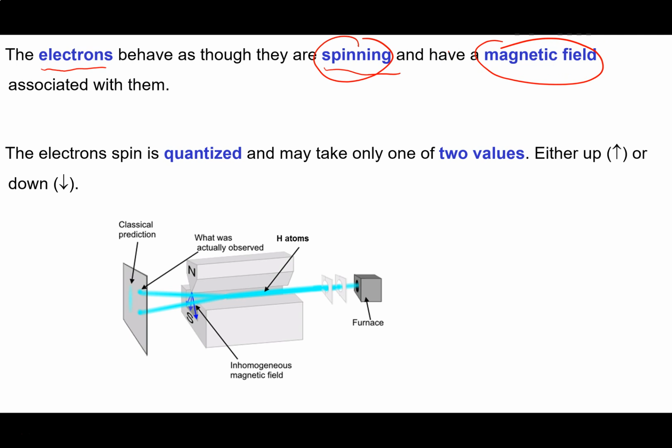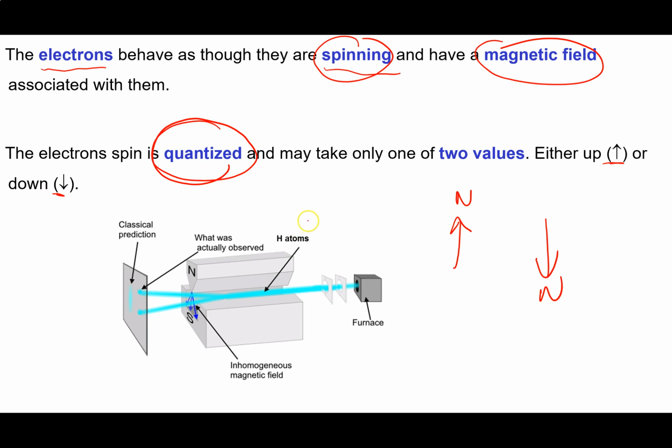But the interesting thing about the magnetic field of electrons is that it is quantized. It only ever has 1 of 2 possible values. The electrons behave as though they are magnets with their north pole either pointing up or pointing down. We describe this as being either spin up or spin down.